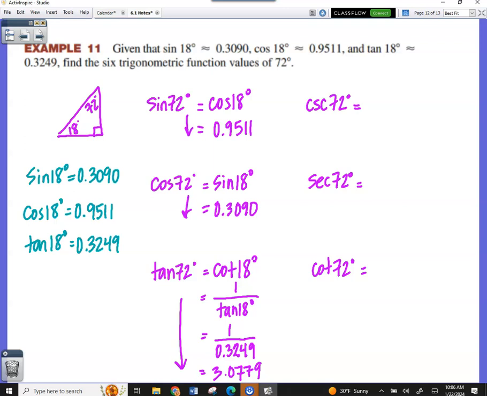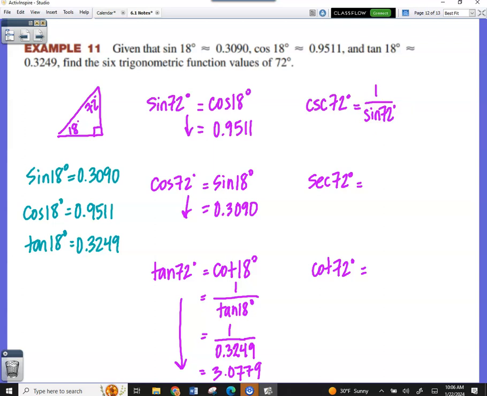All right, now let's go to cosecant 72. If cosecant 72 is hard for you to wrap your mind around, because that's not one of the cofunctions we talked about on the other slide, then rewrite it as the reciprocal. Cosecant is 1 over sine. So this is 1 over sine 72, right?